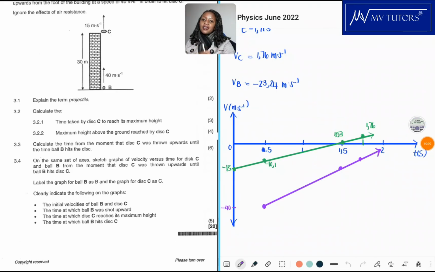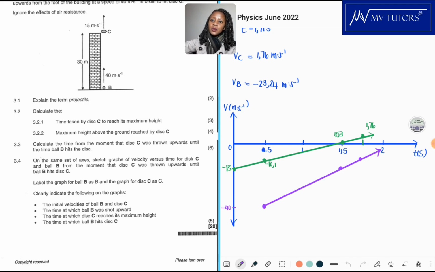Before I let you go, I'm realizing that my graphs are not looking that proper. I know I said I didn't draw it to scale, but the one thing about drawing the velocity-time graph, especially more than one graph, is they have the same gradient. Because they have the same gradient, they should be parallel to one another.